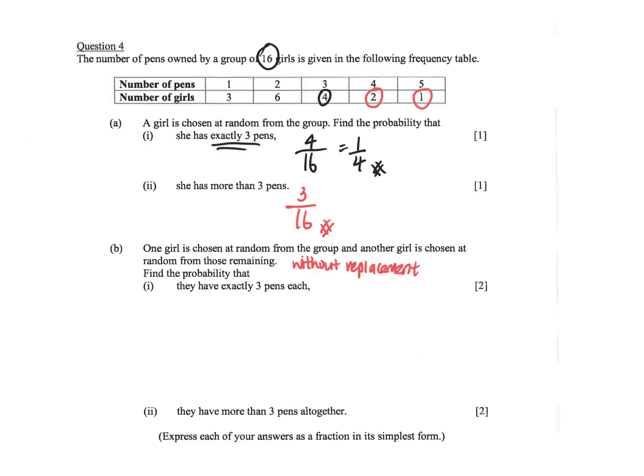Now they say find the probability that they each have exactly 3 pens. So the first girl must come from here, so I have 4 out of 16 to choose from. For the second one, I only have 15 girls left, but since I took 1 from here, I'm left with 3. So the final answer is 1/20.